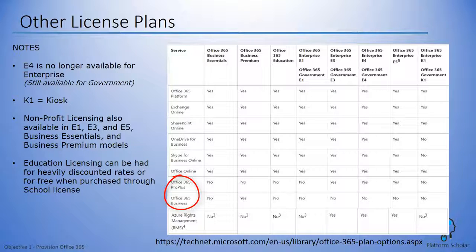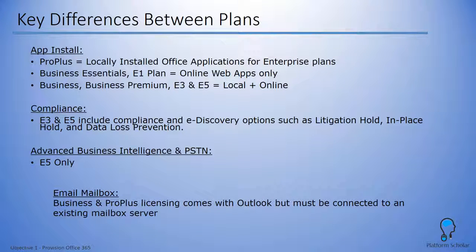So, to recap some of the key differences, Pro Plus is local only for enterprise customers with no mailbox. Business Essentials and E1 are online only but do come with a mailbox. Business, Business Premium, E3, and E5 all give you both the local and the online version of Office with a mailbox.